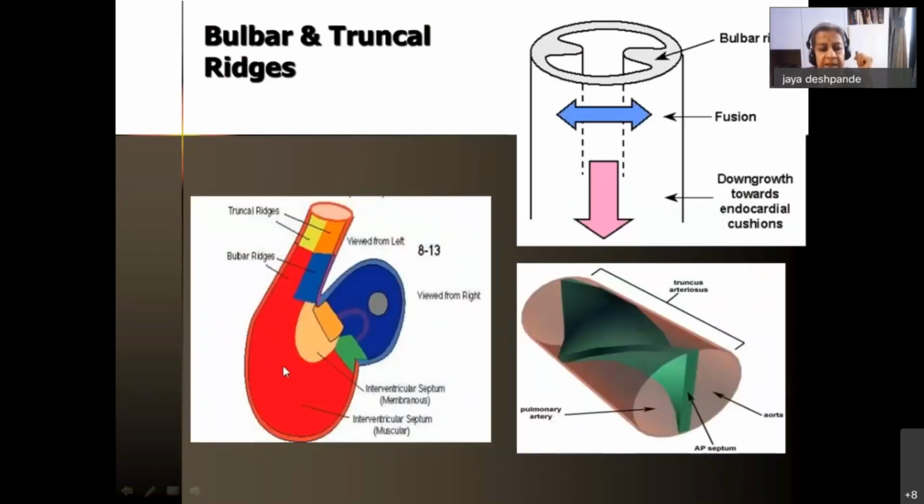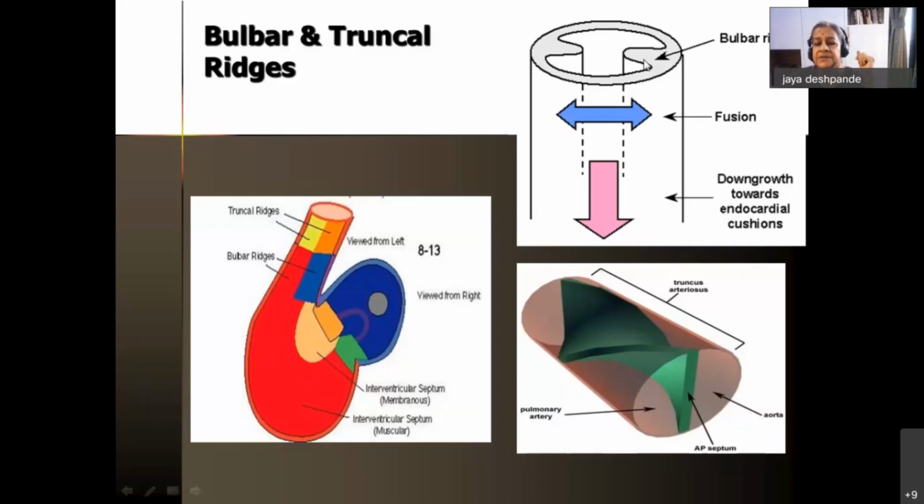So diagrammatically, this is viewed from the right. You have the red part, which is the muscular interventricular septum, which has grown up from the apex towards the endocardial cushion, but doesn't quite reach the endocardial cushion. The outflow, again, there are bulbar ridges, and beyond that you have the truncal ridges.